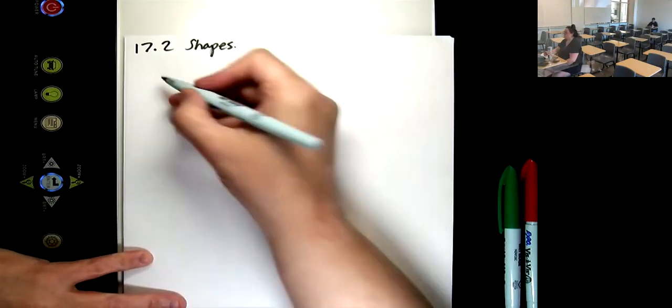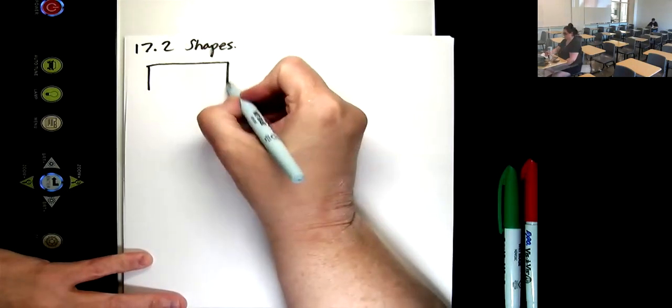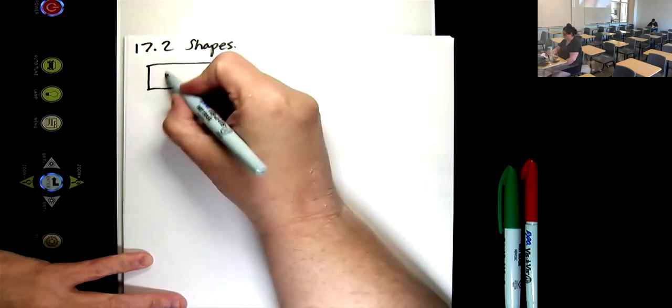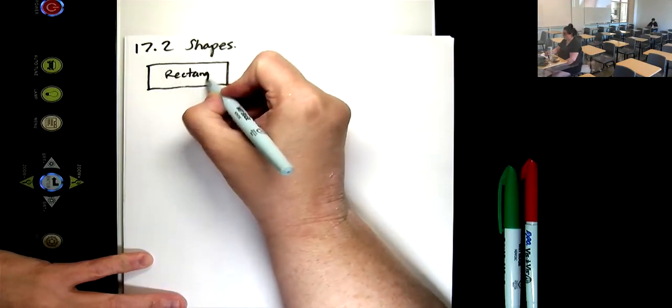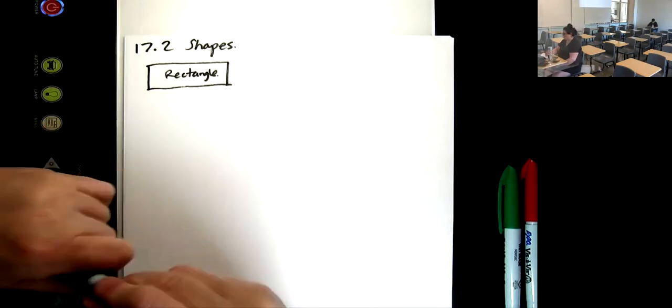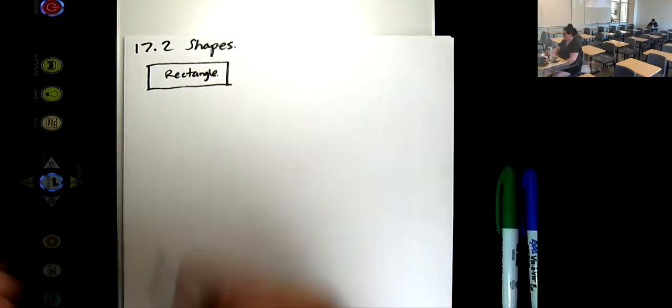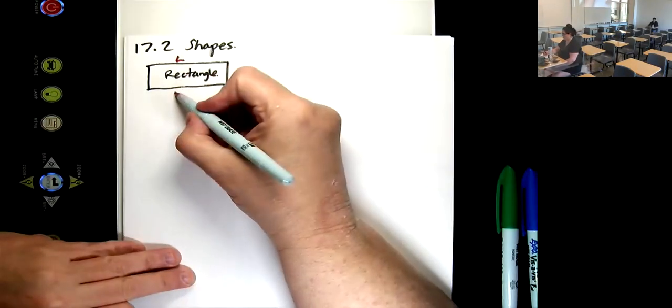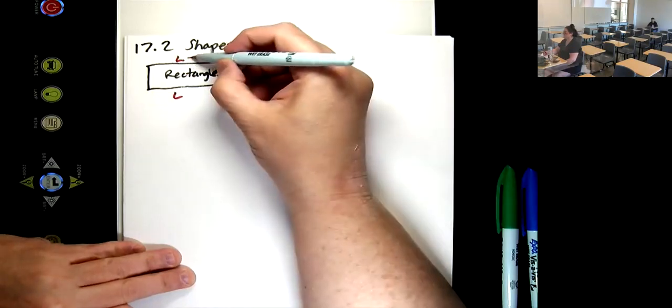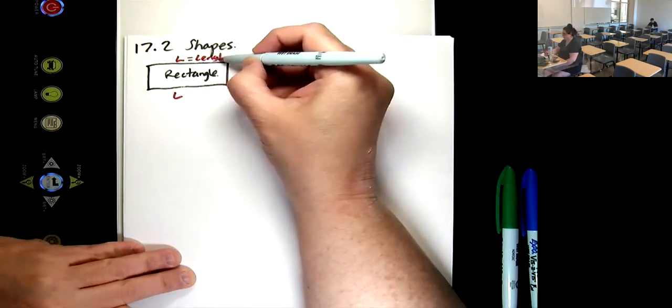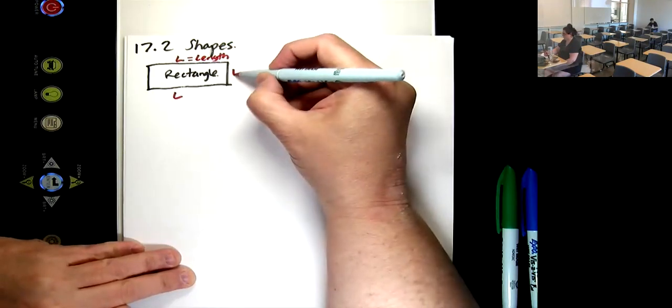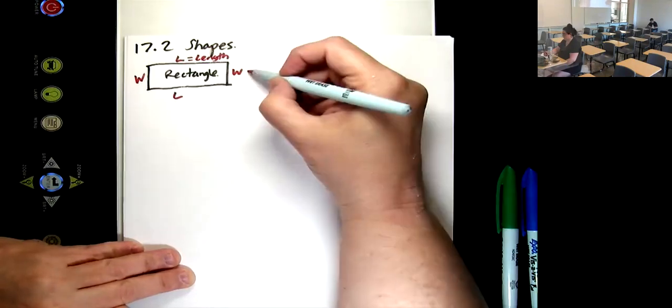We all know the rectangles. We tend to call sides that are opposite each other, they have the same value. We call one of them length, and the other sides that are opposites width.